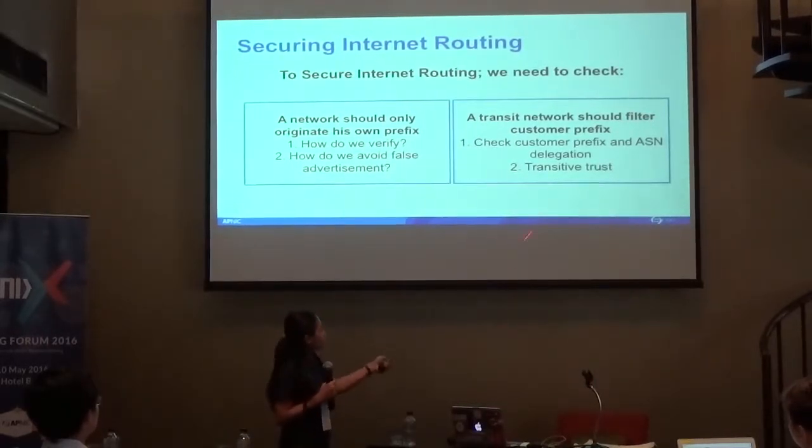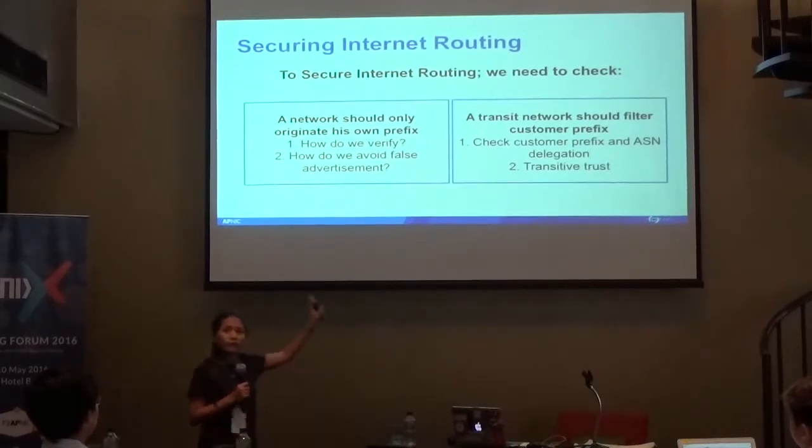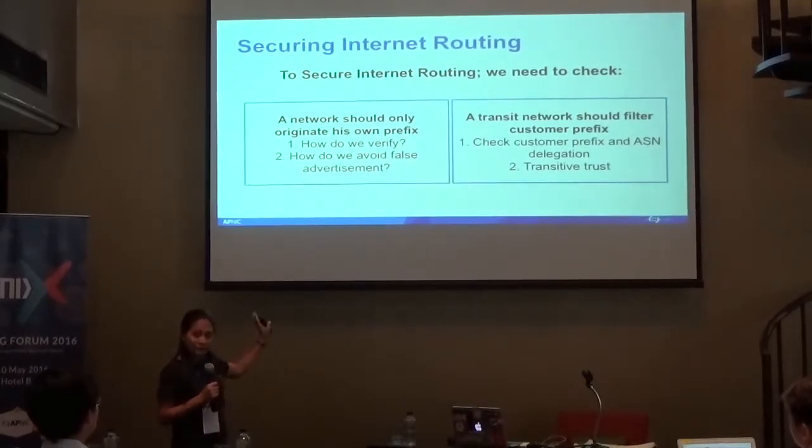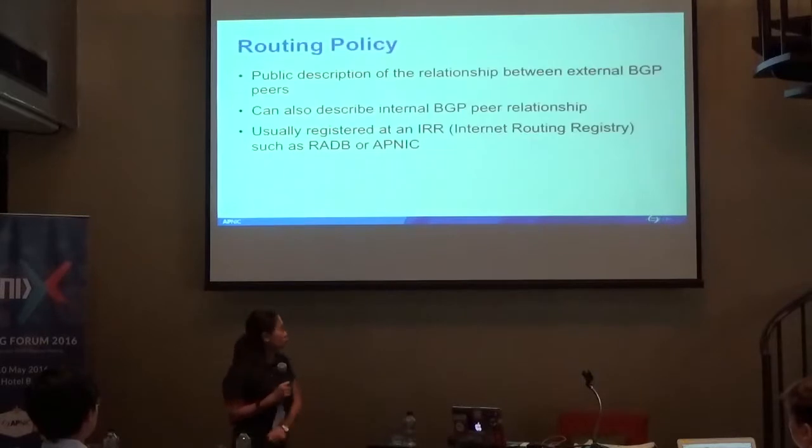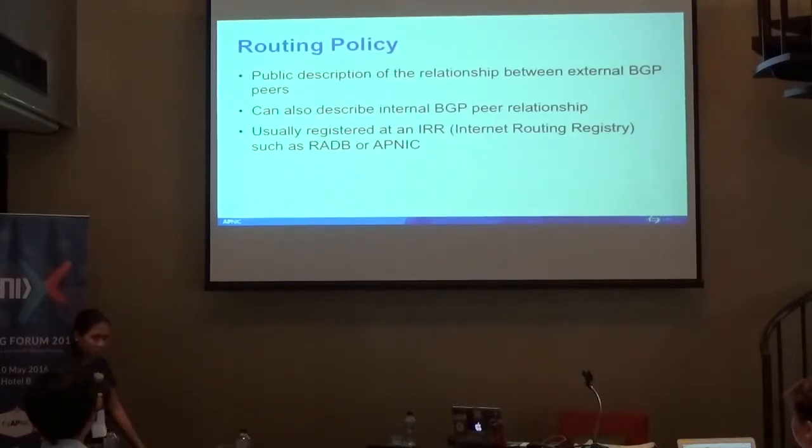So you have to do your part if you are the owner of the IP, and if you are a transit provider, if you are allowing customers to forward traffic or to pass traffic onto you.